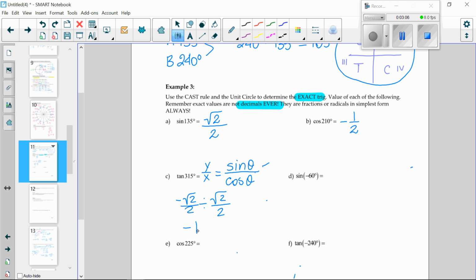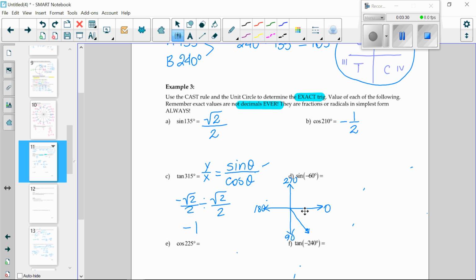Sine negative 60. So this is a negative angle. So 0, 90, 180, 270. We're going clockwise here, and 60 is going to fall right in there.